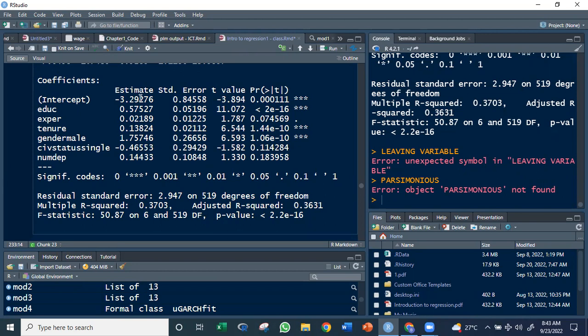This is the average hourly wage of a person with no education, no experience, no tenure, who is female, who is married, and no dependents. Okay? But of course, we don't put any practical interpretation to that kasi wala namang hourly wage na negative. But yun ang ibig sabihin niya. And we do not put any practical significance to that.